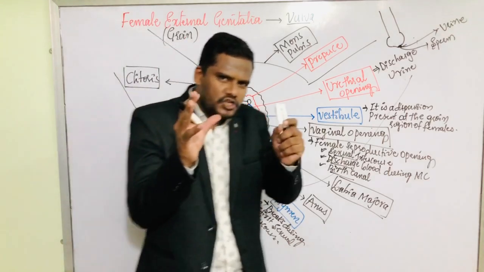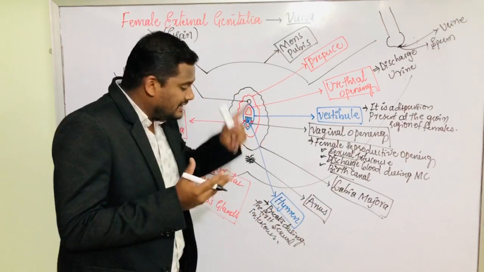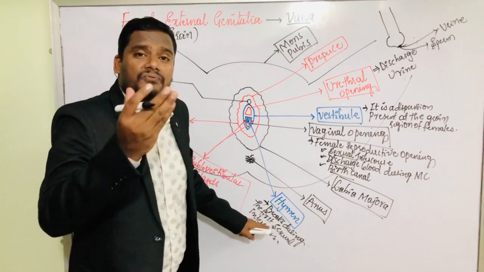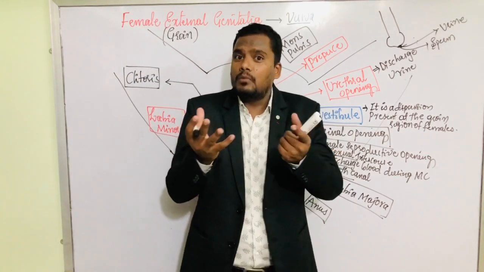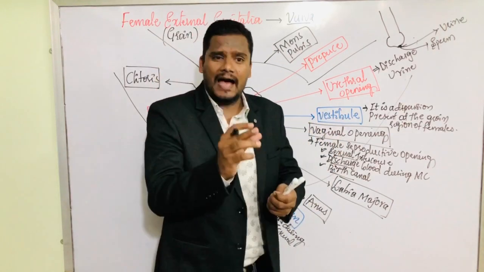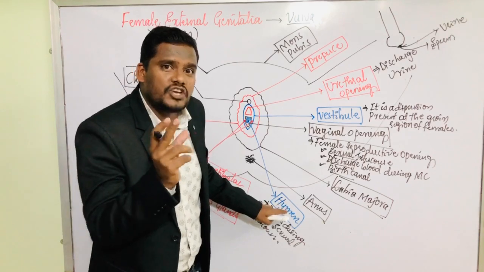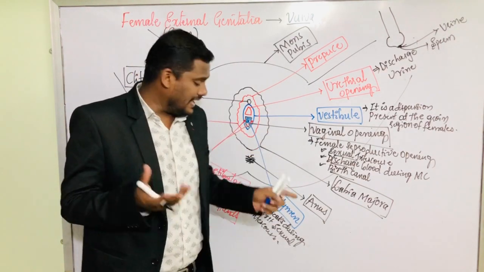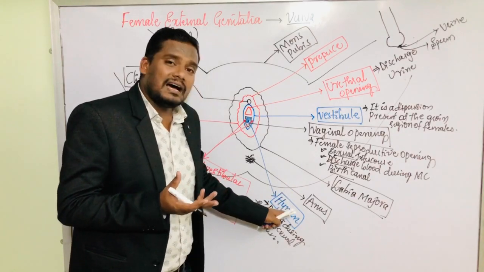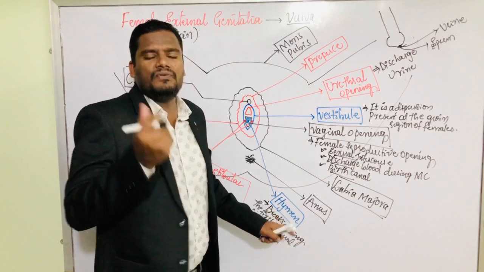Hymen is a partially covered skin over the vaginal opening that breaks during the first sexual intercourse. That is why most authors in most textbooks have mentioned that the hymen is present only in virgin females. But that does not mean it is a criterion to judge the virginity of a female.